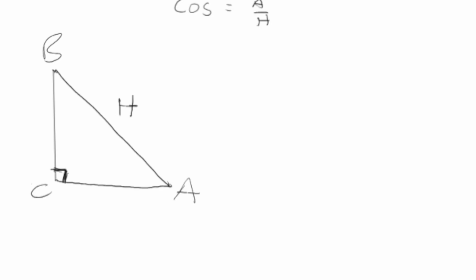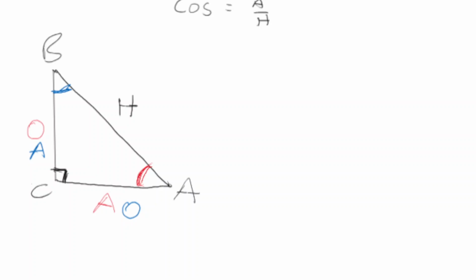If you are talking of angle A, then the line BC is going to be our opposite because it is opposite to angle A, and then the line AC will be our adjacent because it touches angle A. But if you are talking of angle B, then here becomes our opposite, and here becomes our adjacent.